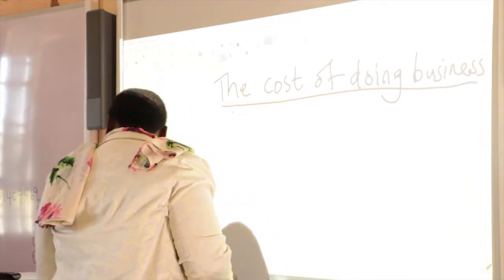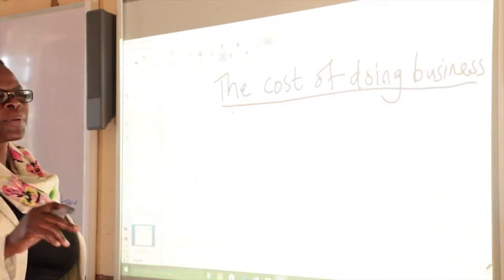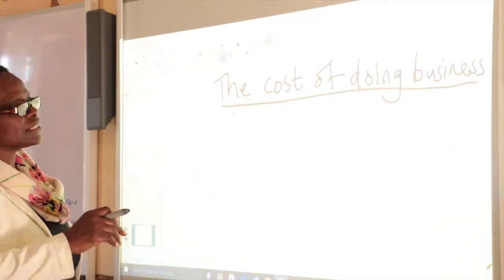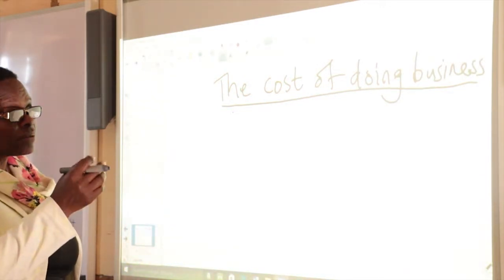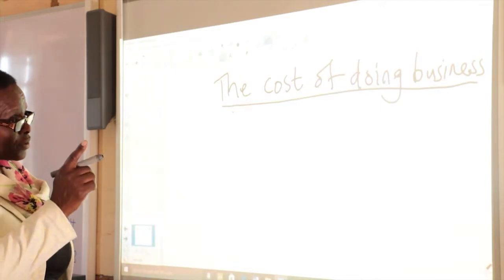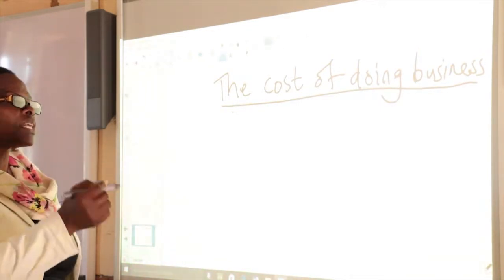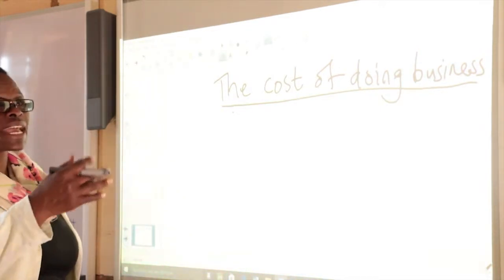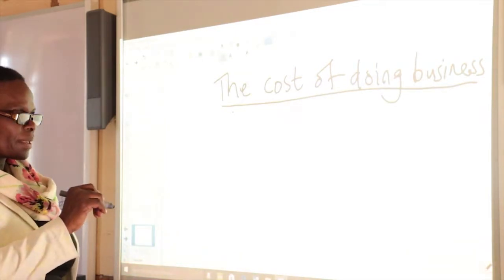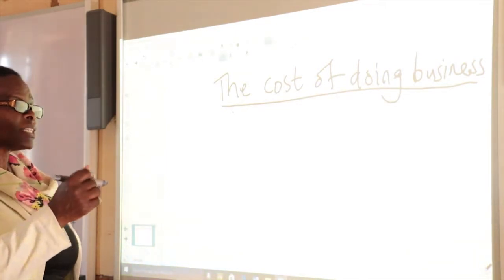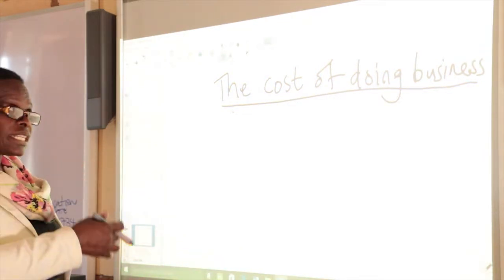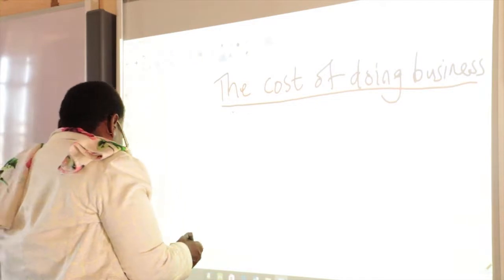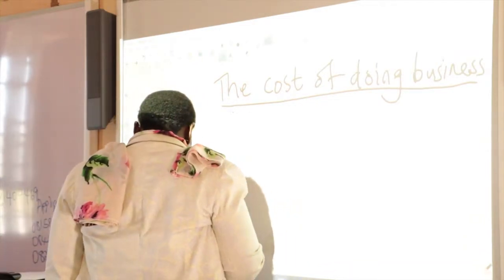Now, we know from grade 9, when we started teaching demand and supply, that a factor that influences supply is the cost of production. If the cost of production can be reduced, that would increase supply. But if the cost of production is high, then the businesses can produce less. So the cost of doing business must also be lowered.